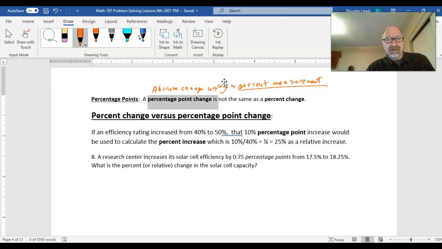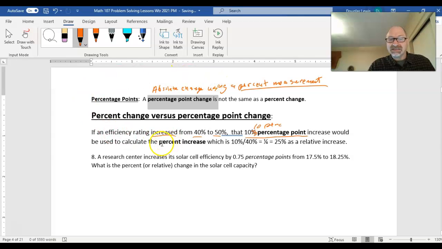So there's a big difference between a 1% raise and a 1 percentage point raise. So in this case, if something increased from 40 to 50, that's a 10 percentage point increase.